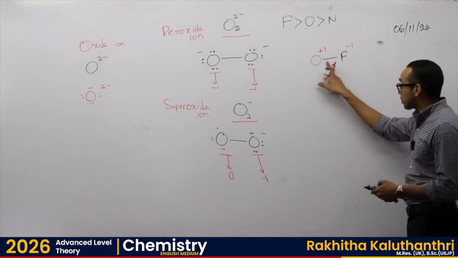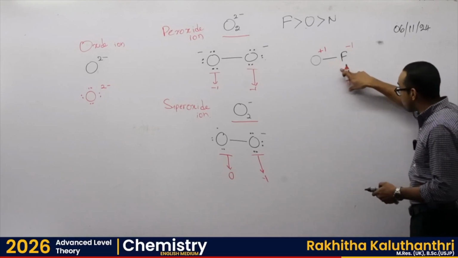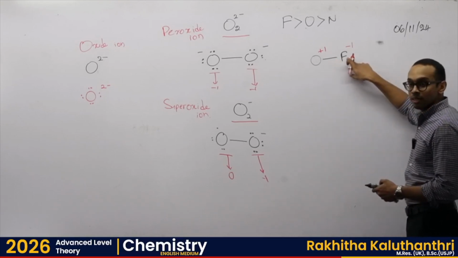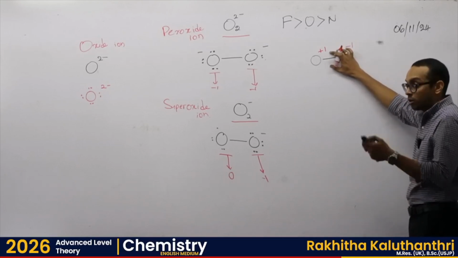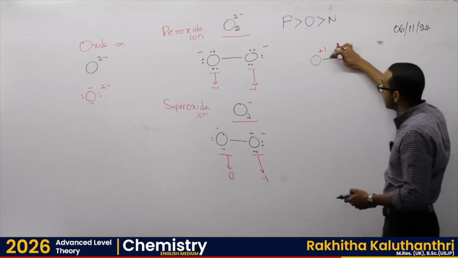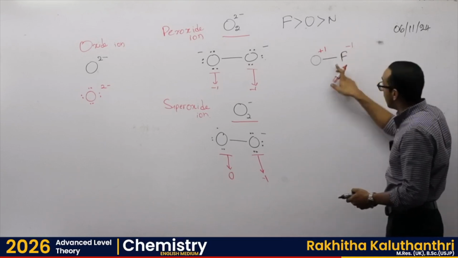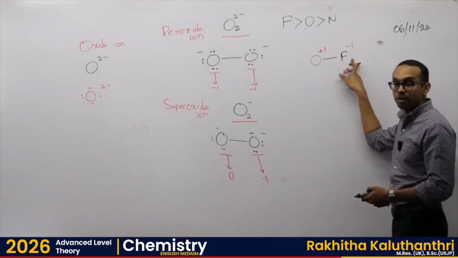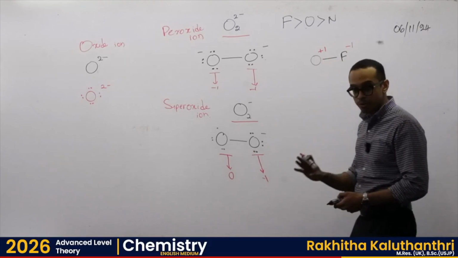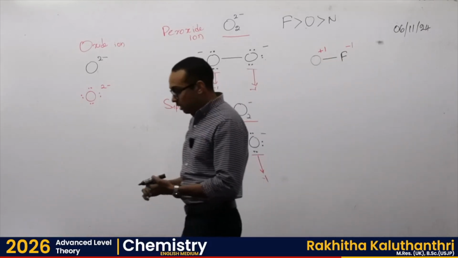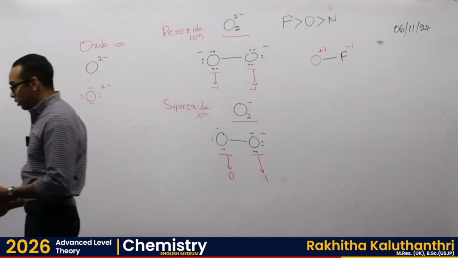Because that means the oxygen and fluorine bond electrons are going more towards fluorine. So if the partial transfer is thought to be a full transfer of electrons, then the fluorine atom is gaining the 2 electrons from this bond. So fluorine becomes -1, oxygen becomes +1. Understood? Right. So this is something that you need to keep in mind.